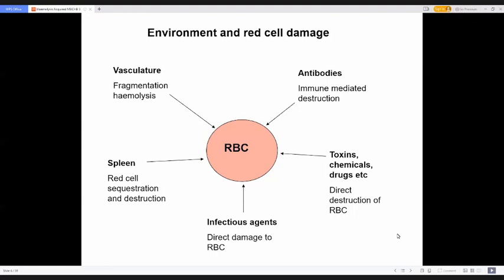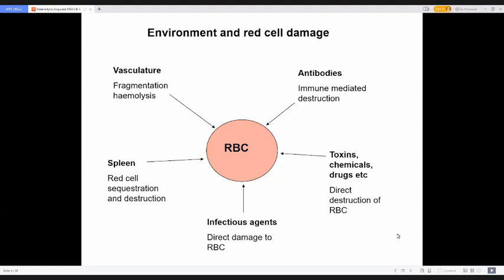You can have toxins or chemicals or drugs that are circulating within the plasma that can lead to direct destruction of the red cell, either interfering with the metabolic pathways of the red cell or even injuring the red cell membrane. You can have infectious agents that cause direct damage to the red cell.